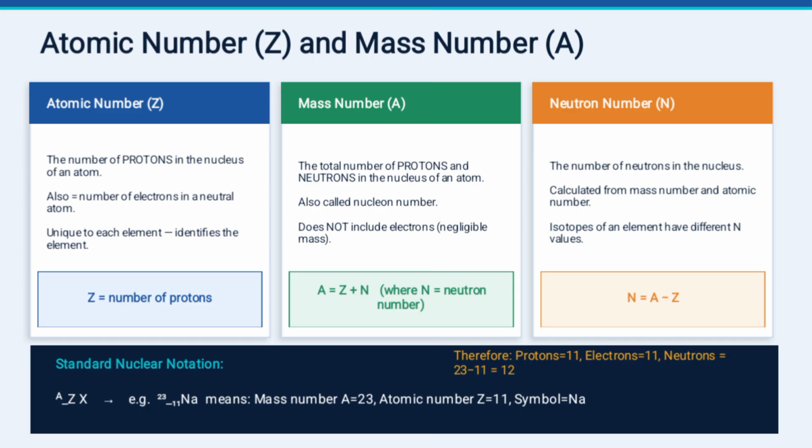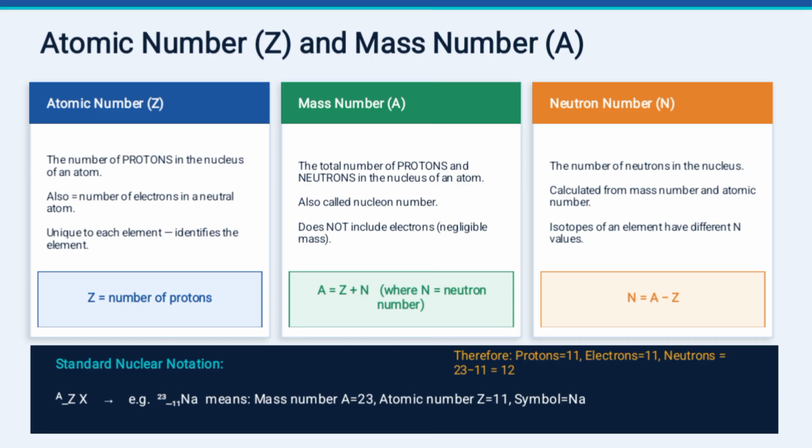And then of course, here the proton number is 11 because the atomic number is the number of protons. And then the electron number is also 11. Why? Because it's a neutral atom. So the number of protons is equal to the number of electrons. So proton is 11, electron is 11.